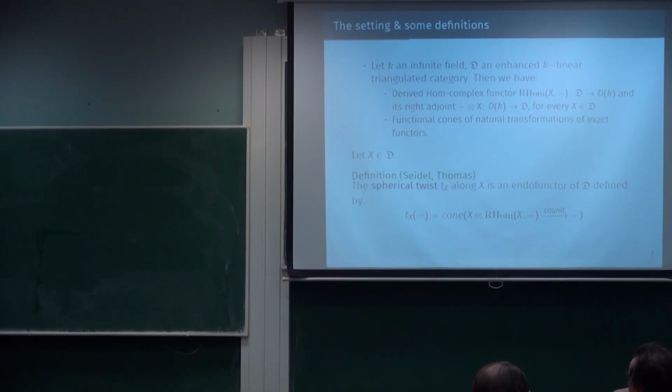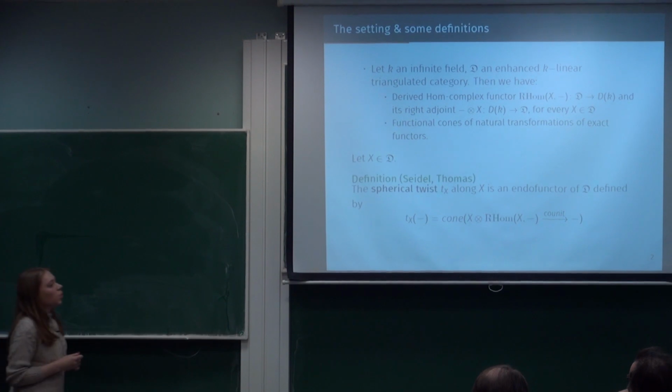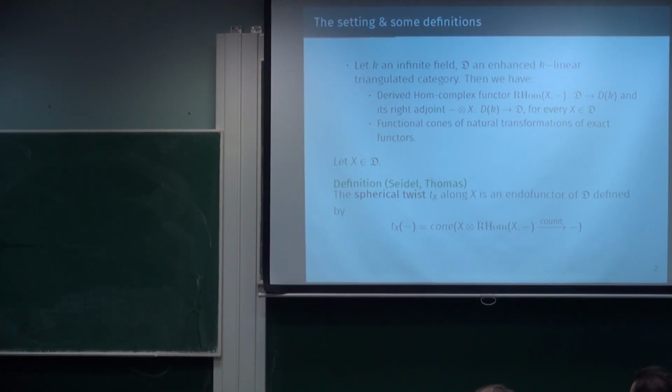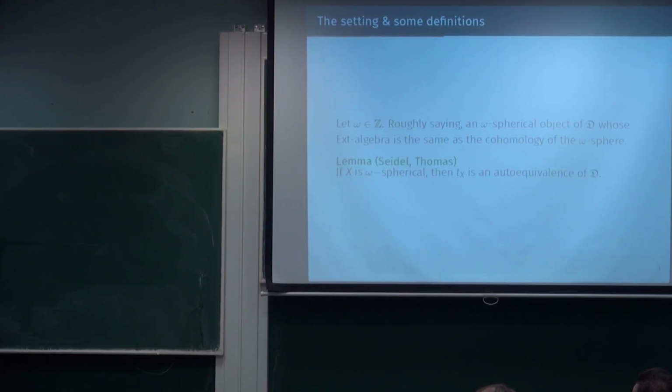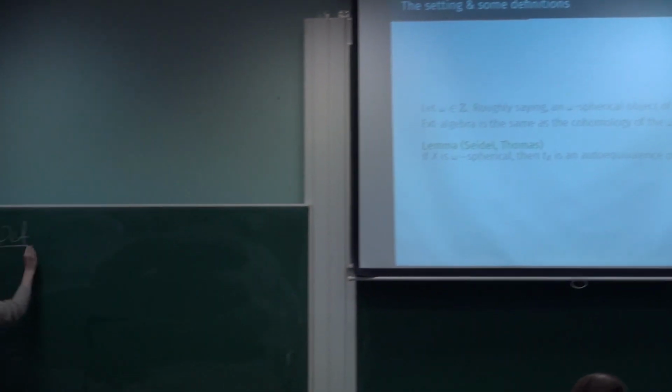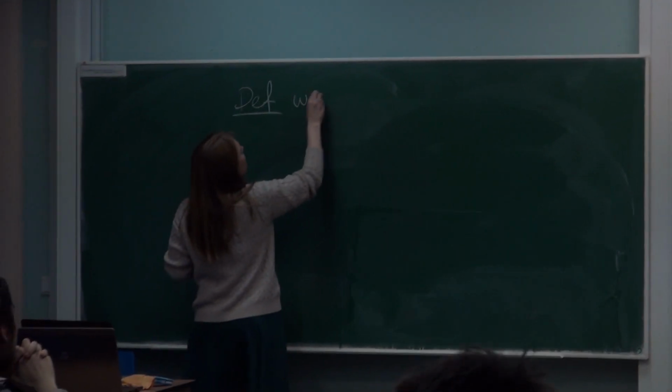So in general, a spherical twist is not an autoequivalence of D, but it is if X is a so-called spherical object. So let me give a definition on the blackboard. Let omega be an integer.